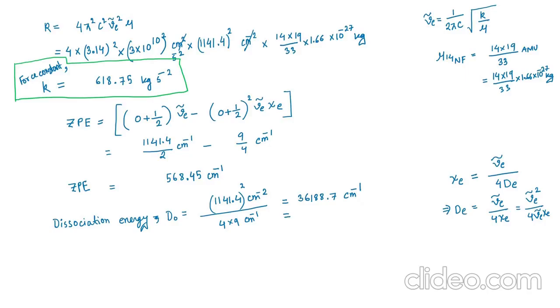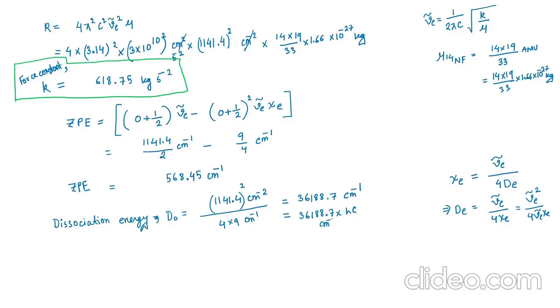But before eV, let me go to joules. To go to joules, I need to multiply this thing with hc. This is in centimeter inverse. Remember, for the rotational constant from joule to centimeter inverse, we divided it by hc. So to get back to the joule from centimeter inverse, we need to multiply with hc.